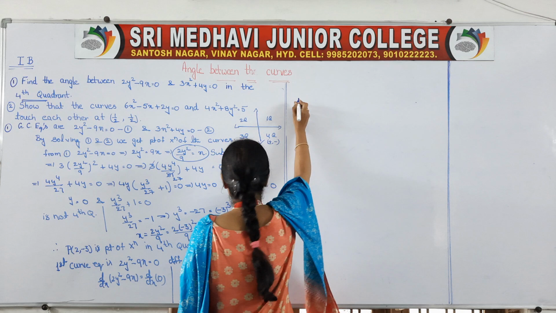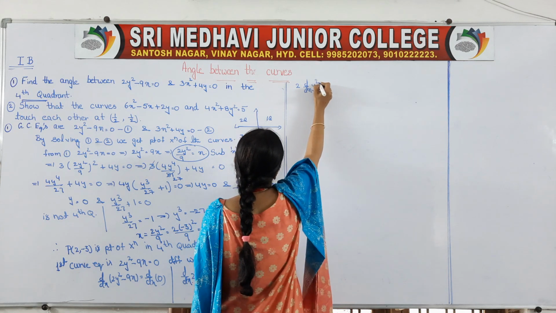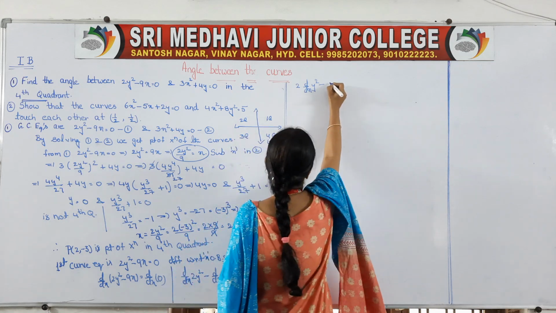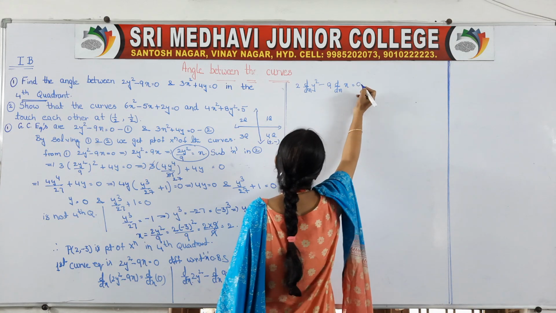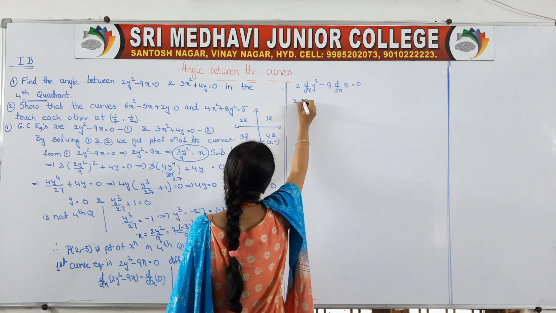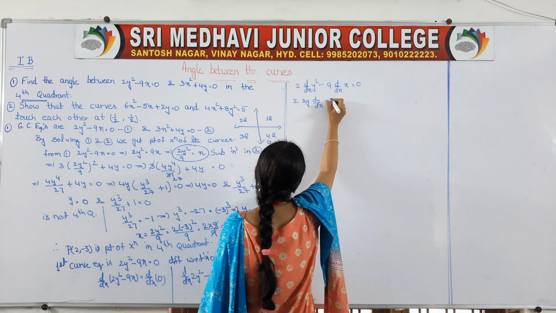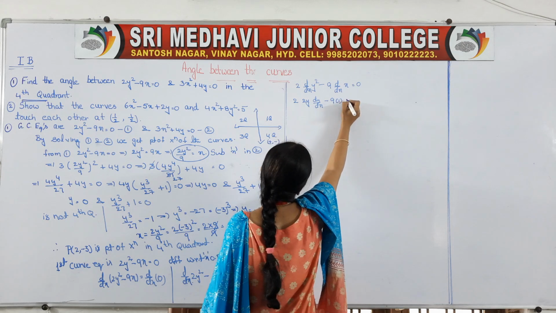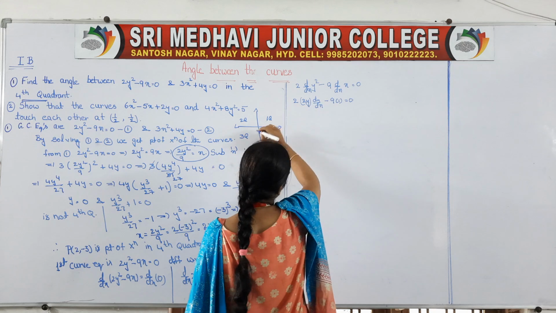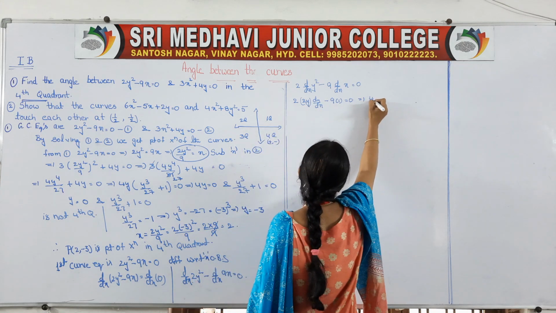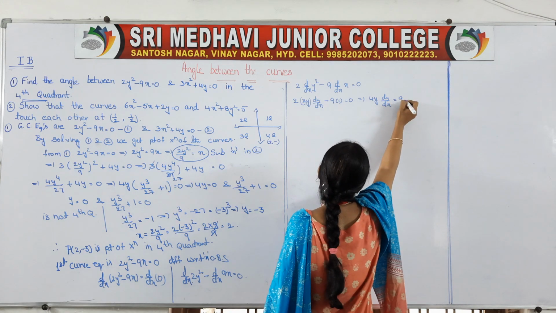So we can take 2 into d by dx of y square minus 9 into d by dx of x is equal to 0. So 2 into 2y dy by dx minus 9, since d by dx of x is 1. 2 into 2y means 4y, so 4y dy by dx is equal to 9.